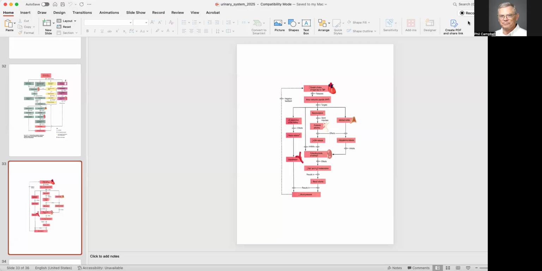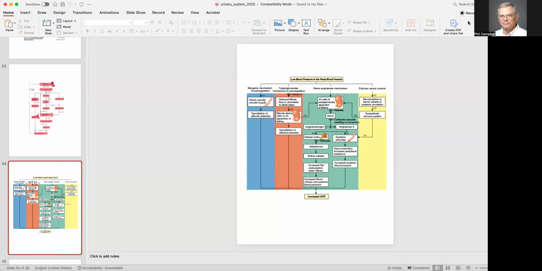Okay, this is putting it all together. This is everything. I'm not going to go back over it, but remember, you have your myogenic control, which is an intrinsic control. You have your tubuloglomerular, which is also an intrinsic control.